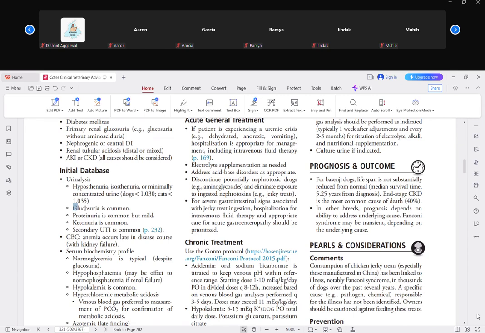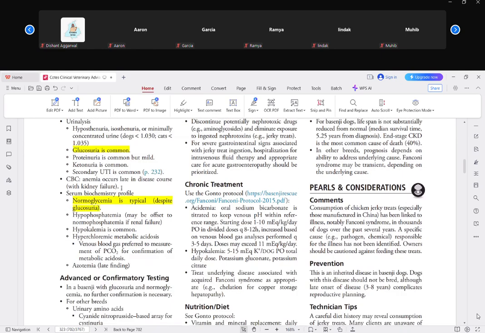But in this disease, glucosuria is present in spite of normoglycemia in the blood. That is actually the thing you are going to find here.